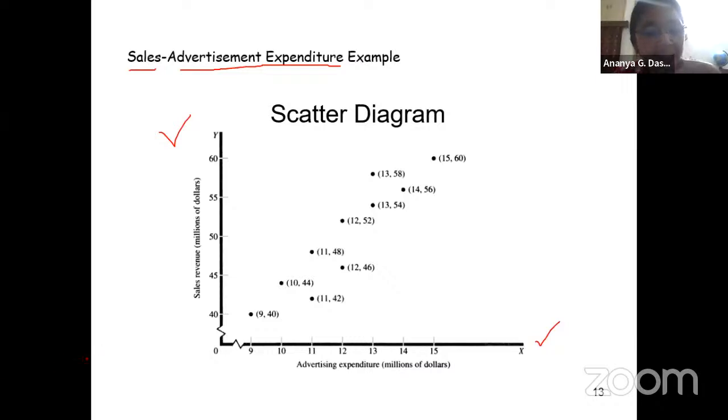Now, when I fit a straight line to this particular scatter, first of all, please realize one thing. If I try to draw a line which passes through all the points, then I'm not going to get a straight line. That's the first point.